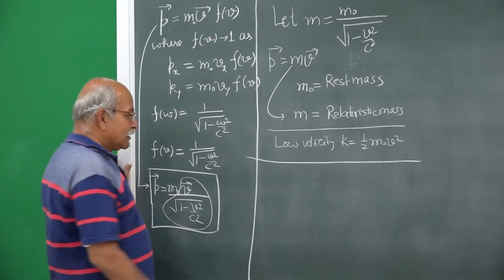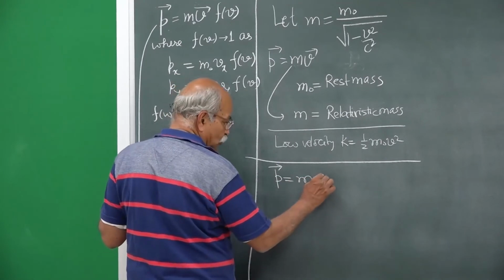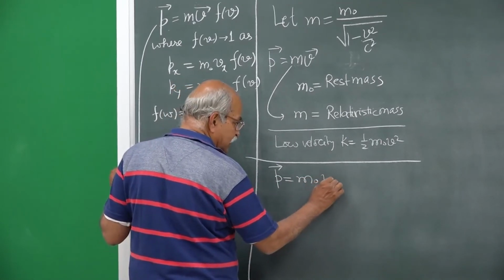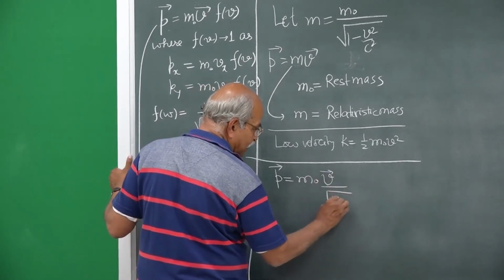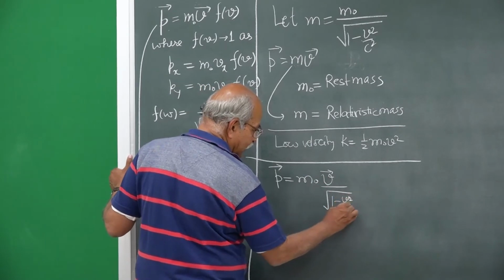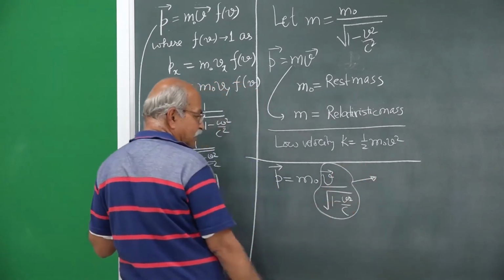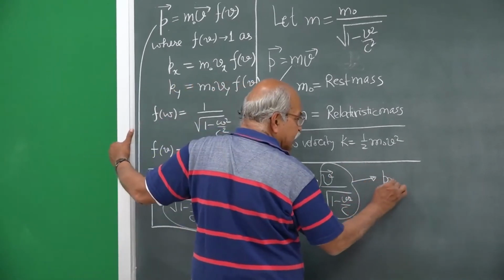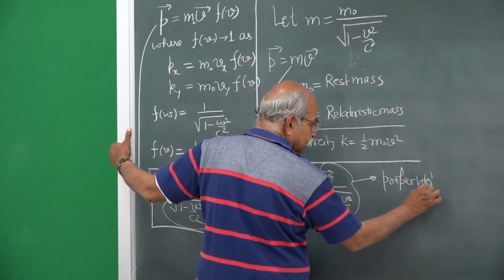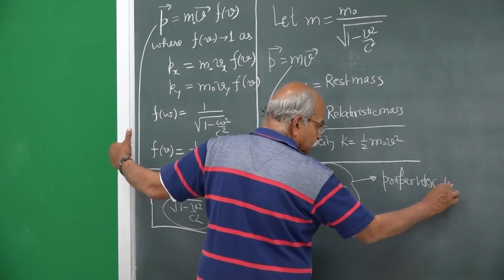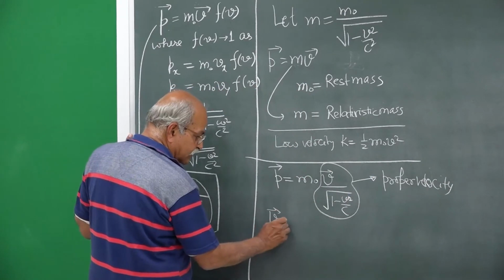We can say P is equal to ordinary mass into ordinary velocity divided by square root of 1 minus v square by c square, and let us say that this is something different and we give a name for it. I will justify it later. Let us call it proper velocity. This v is ordinary velocity.